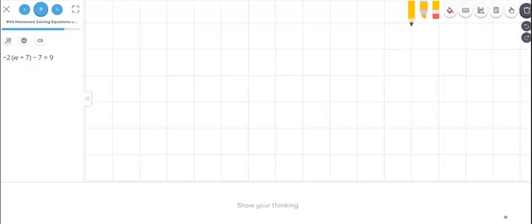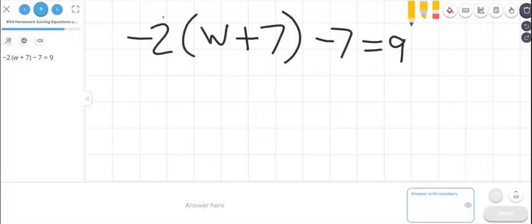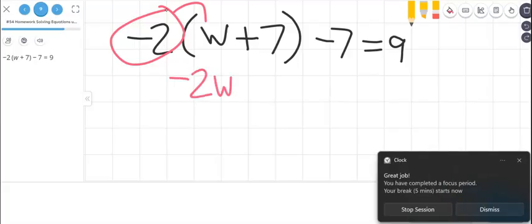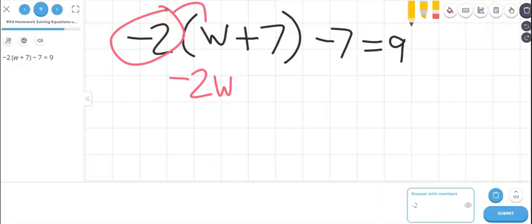Okay, we got to distribute the negative 2. So negative 2 times w is negative 2w. And then we got to go negative 2 times 7, which is negative 14.